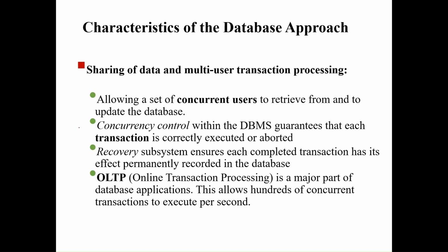So when transaction T1 is executed, and at the 99th instruction the transaction fails, then the transaction will be aborted. But if the execution of the transaction is completed successfully 100%, then the updated data is permanently saved in the database.